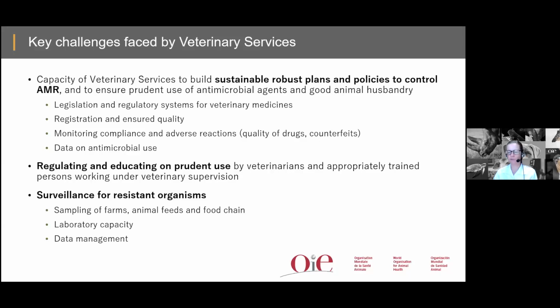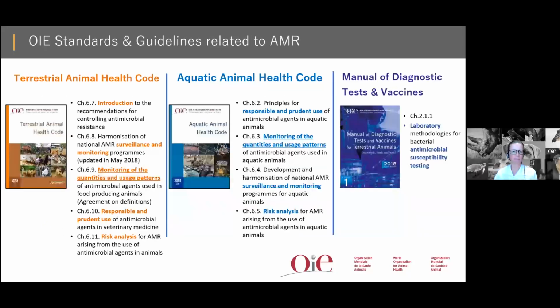And to follow on from that, we need to be able to have surveillance for these resistant organisms, and that means sampling on farms, in animal feeds, along the food chain. So we need to have laboratory capacity and also good data management. So these are just some of the issues that are often problems and challenges faced by veterinary services.